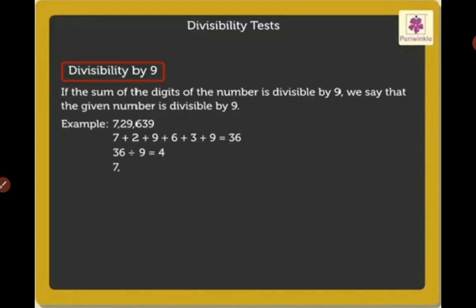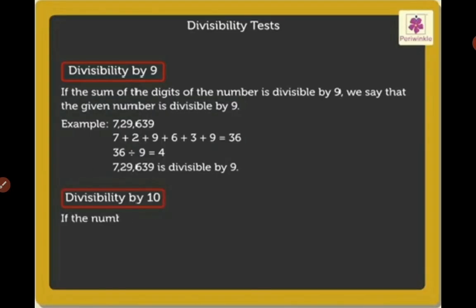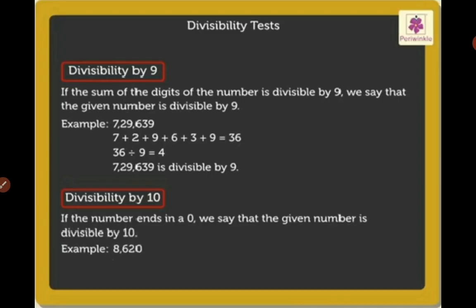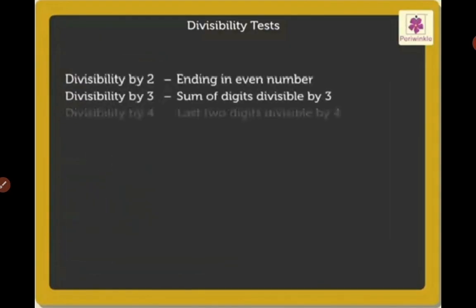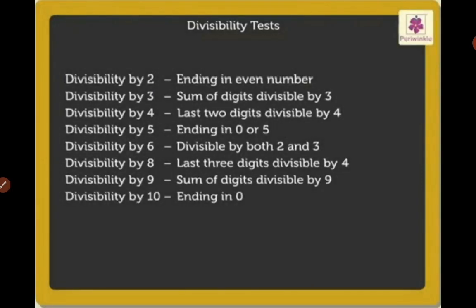Thus, 7,29,639 is also divisible by 9. Finally, let us look at divisibility by 10. If the number ends in a 0, we say that the given number is divisible by 10. For example, 8,620 ends in 0. Thus, it is divisible by 10. Kids, now it is time for you to remember all these divisibility tests and find out the answer.